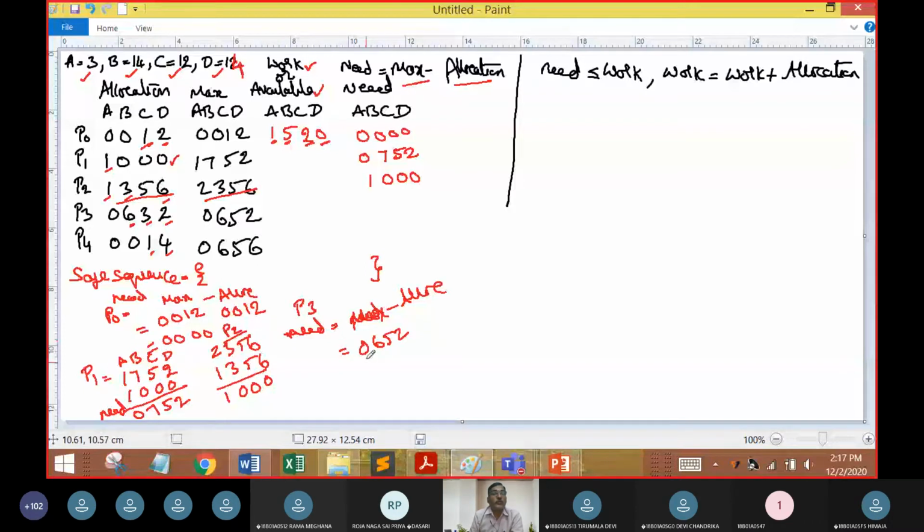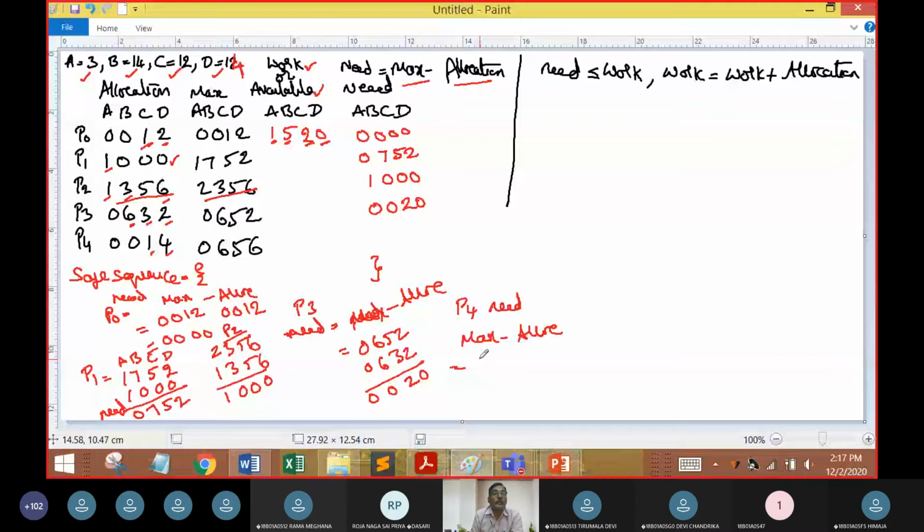Next we have to compute for P4. How am I going to compute the P4 need? Need is equal to maximum minus allocation. What is the maximum value of P4? It is 0 6 5 6. What is the allocated value? 0 0 1 4.